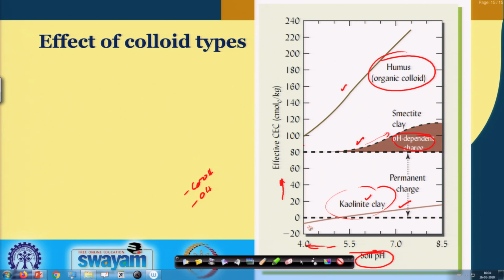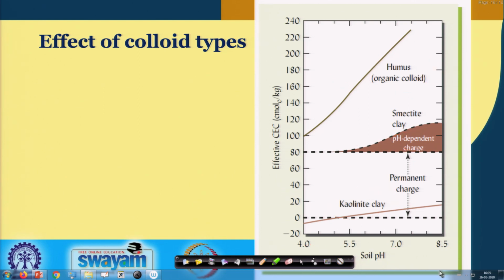So, basically in this case also they are producing, instead of negative charge, positive charge, thereby decreasing the cation exchange capacity. So, this graph shows the effects of different types of clay minerals as well as the organic colloid, and the relationship of effective CEC and soil pH for these three different fractions.